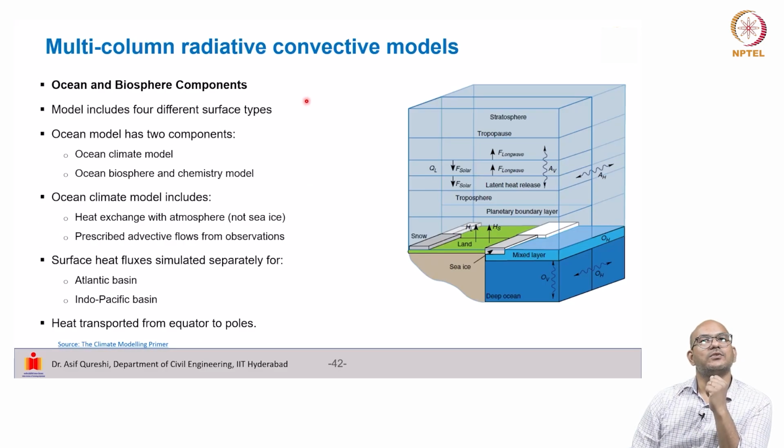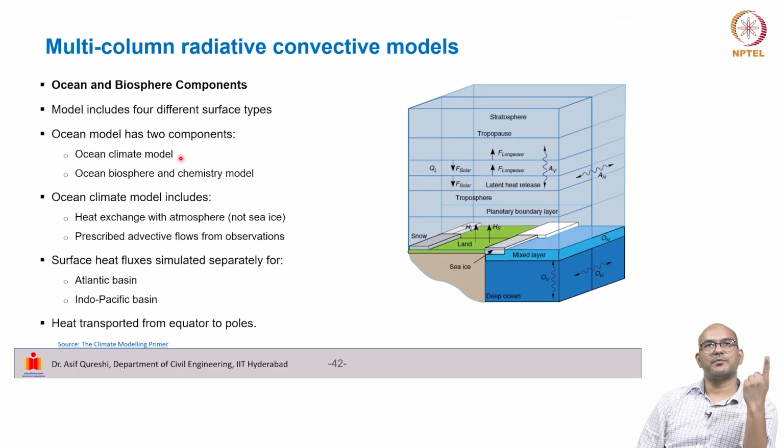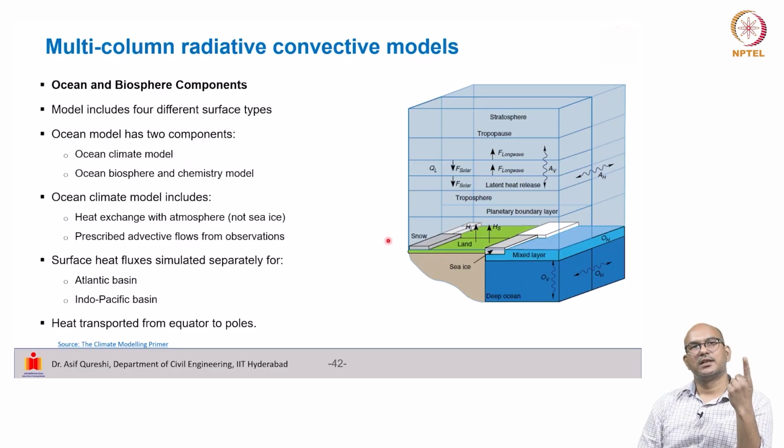Now, we also have here the ocean and biosphere components, as I explained in the previous slide. So, the model includes 4 different surface types. The ocean model here has 2 components. One would be the climate model for the oceans, the other would be the ocean biosphere and chemistry model.